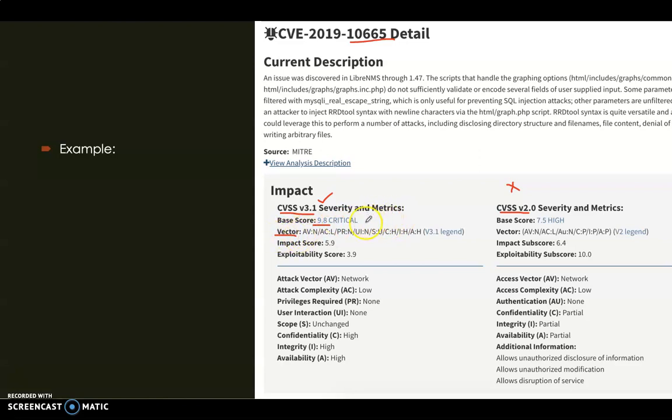And since it's 9.8, it's deemed as very critical because the maximum value for this vector can be 10. Hence, 9.8 is critical. Also know that the value of this base score depends on what values these vector fields take. So they have a huge role in deciding the base score for the vector.